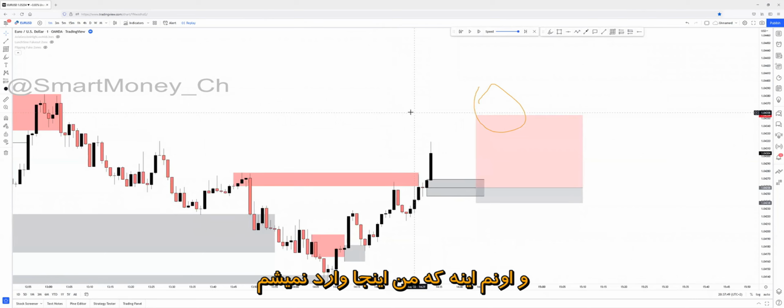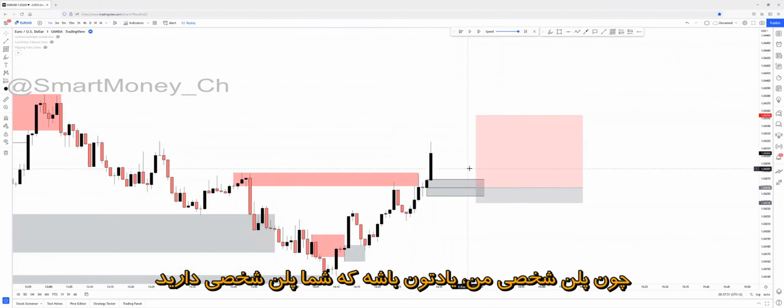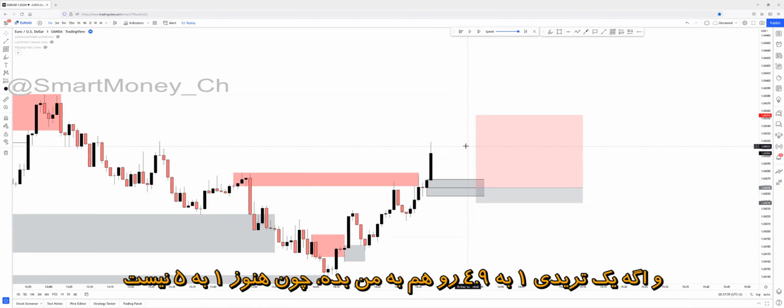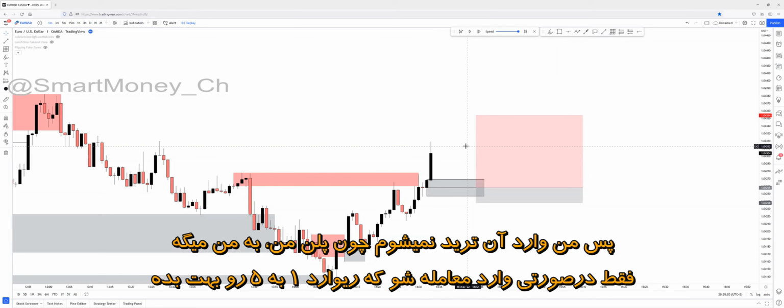My personal choice will decide here. I won't enter here because my personal plan, remember, you have a plan, tells me that I won't enter a trade below 1 to 5 risk-reward ratio. If the trade is 4.9 risk-reward ratio away, it's not even 1 to 5, so I won't enter, because my plan tells me to only enter if the actual risk-reward ratio reaches 1 to 5.